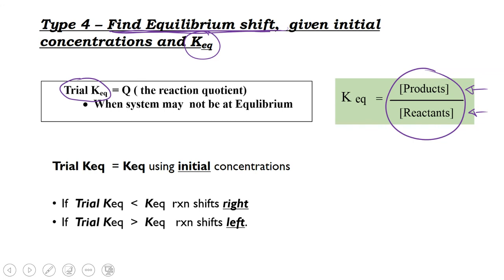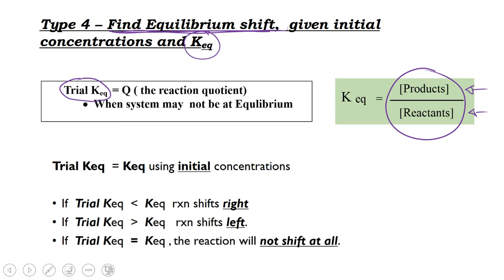If your trial KEQ comes out larger, then it's going to shift the other way. If your little test constant here is too large, how do you get it to become smaller? You need this ratio to become smaller, so you need less products, more reactants. That's a shift to the left.